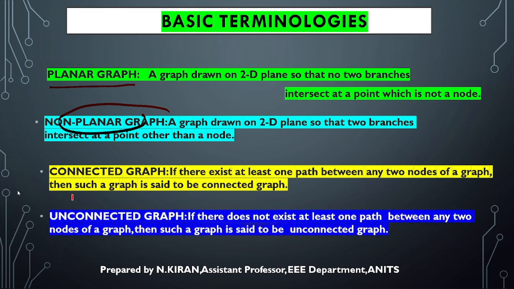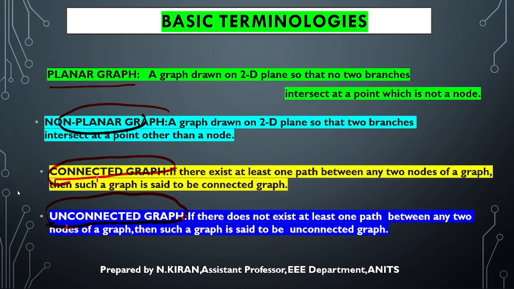If that is not the case, if I don't find at least one path between any two nodes in a graph, then that graph I call it as an unconnected graph. So that is the basic difference between connected graph and unconnected graph. In connected graph, at least one path will exist between any two nodes of a graph. But in unconnected graph, there need not be at least one path between any two nodes of a graph.